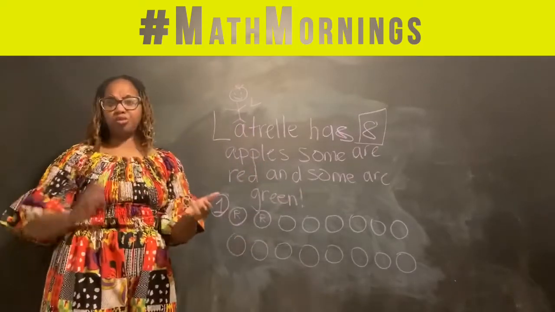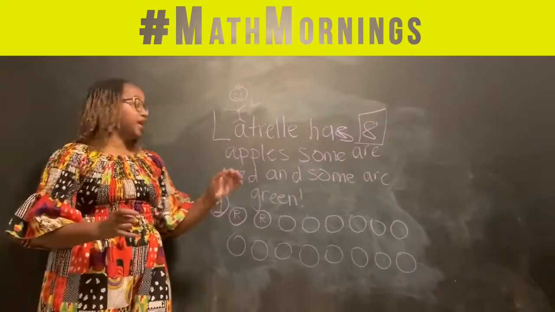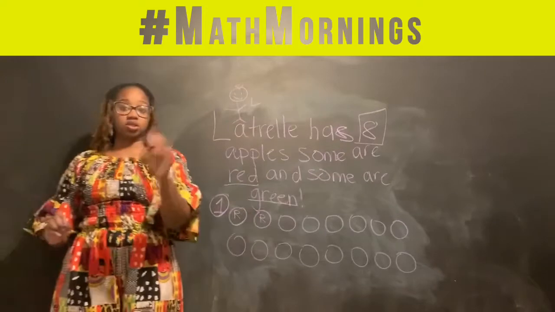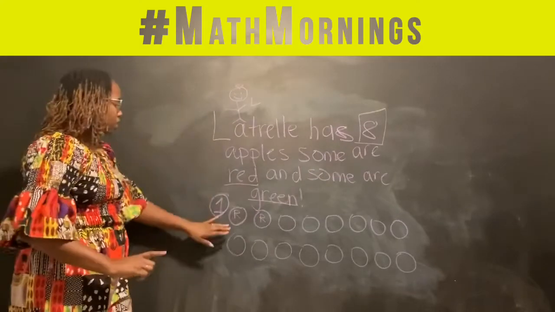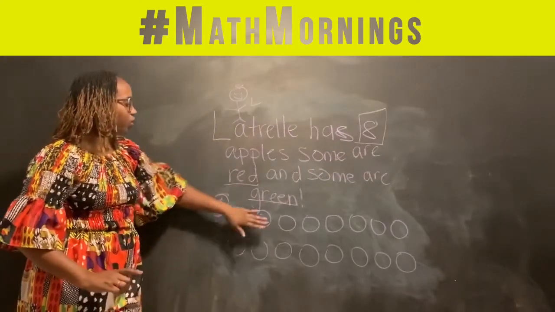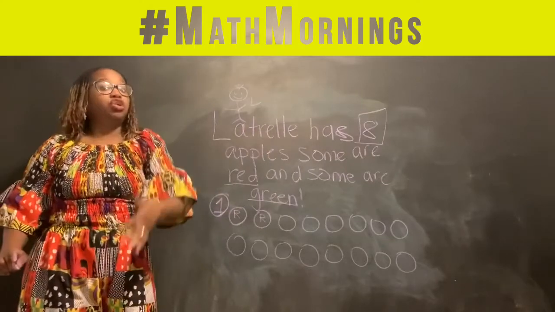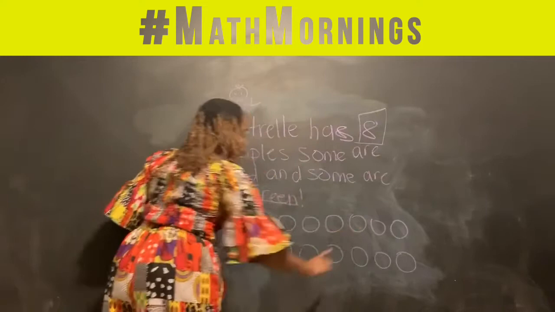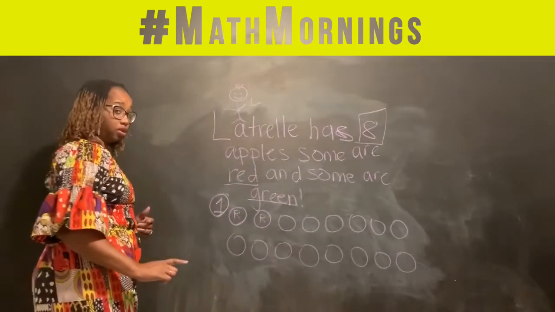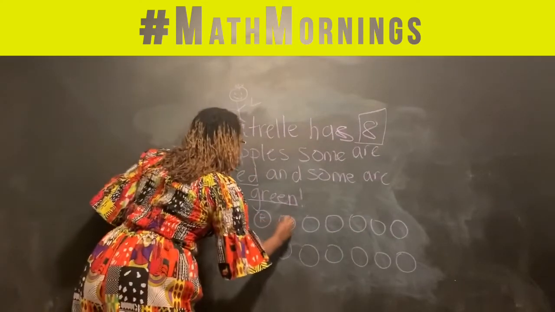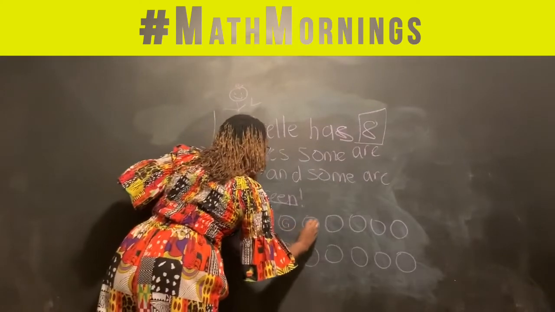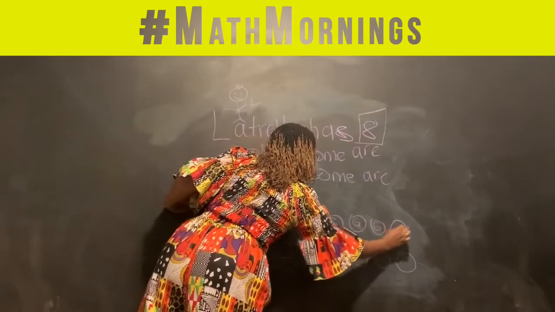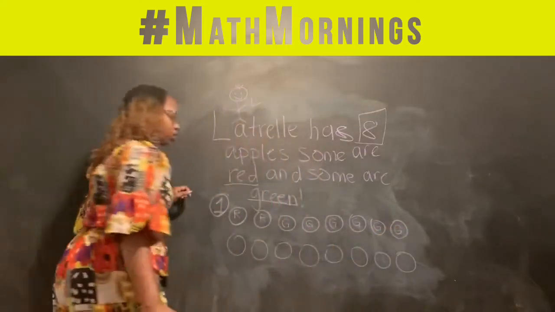So if you're talking about marbles or gum or candy or toys, and they say red and green, I want you to make it that color so that you can see it, okay? So if he has 2 red apples, how many green apples does he have? Now we have to look at the rest of our apples and make them green, okay? You with me? So now I have 1, 2, 3, 4, 5, 6 green apples.